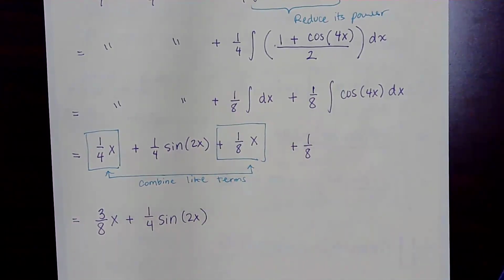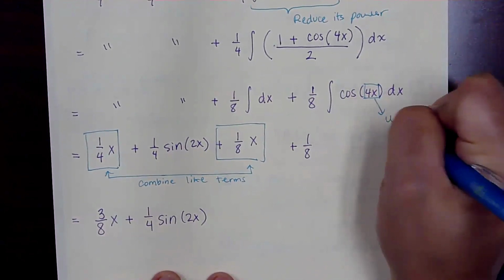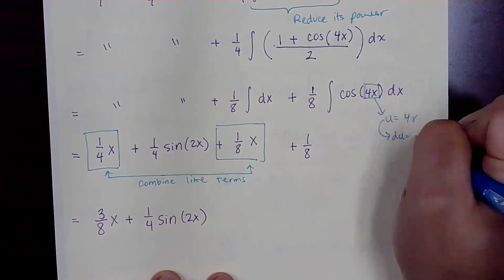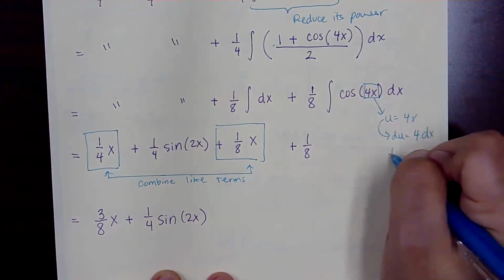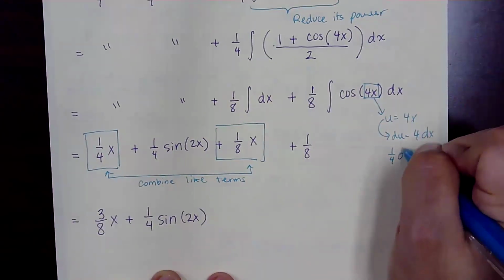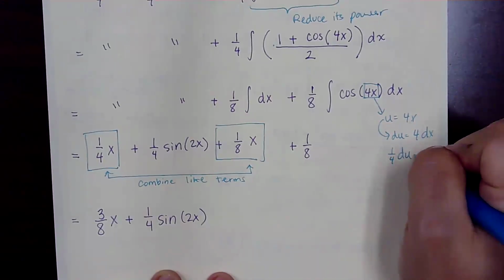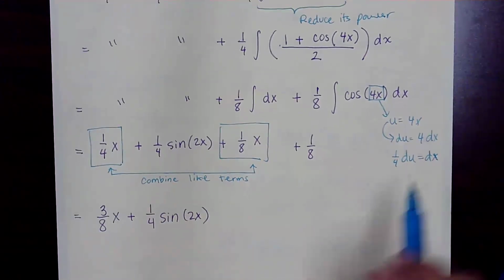And if you think about this 4x and you set that to be u, then du is equal to 4dx, which means that we need to pull a factor of 1/4 out of this integral when we make that du substitution. Okay.